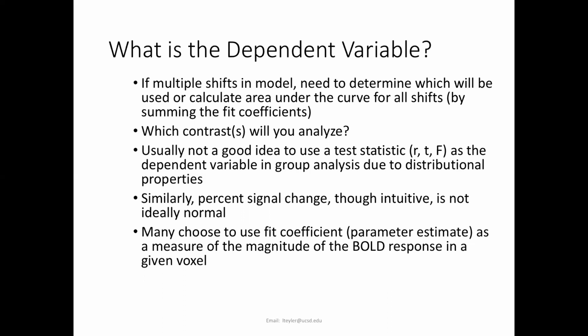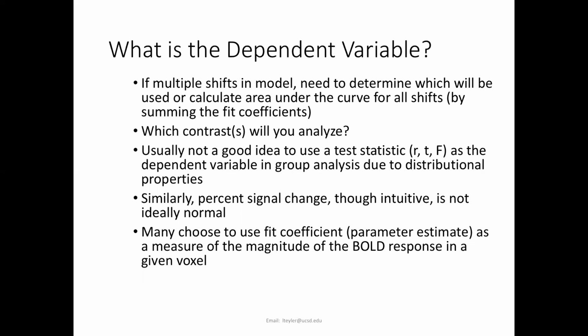Yeah. So in an event-related design, you might want to look at the hemodynamic response or the bold response at different latencies after the stimulus occurs. And so you might be using some tent function or other ways to get a single number.